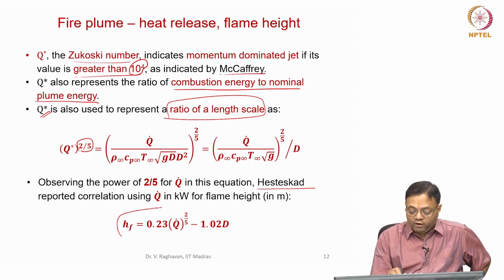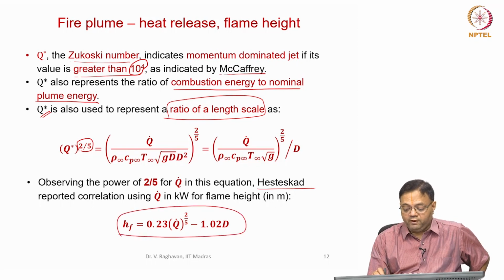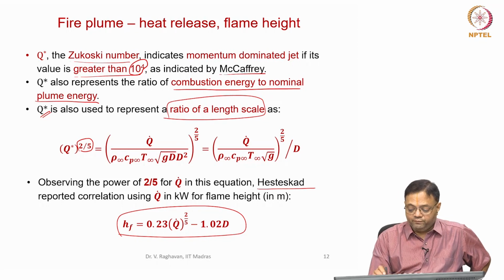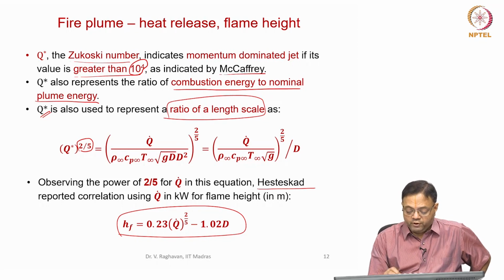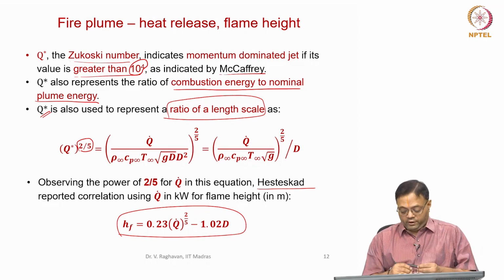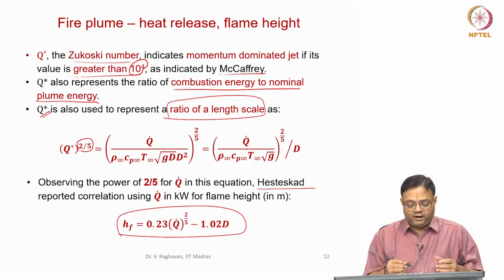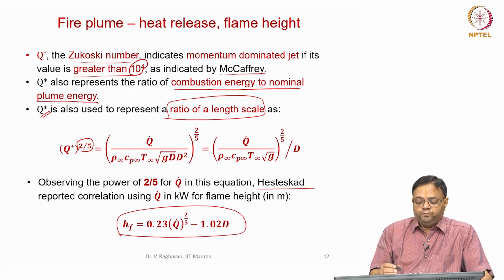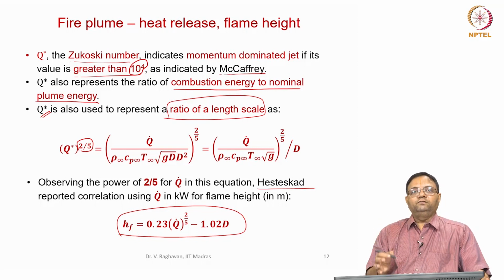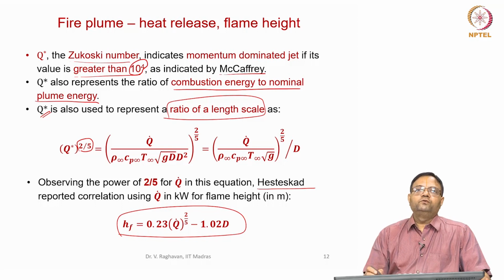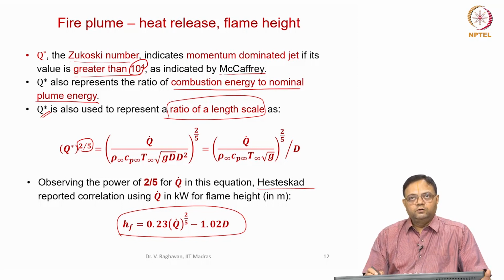The correlation for the flame height was given by Heskestad: HF equal to 0.23 q dot to the power 2 by 5 minus 1.02 D. Okay, so you can see that the plume analysis leads to a lot of important analysis and correlations.